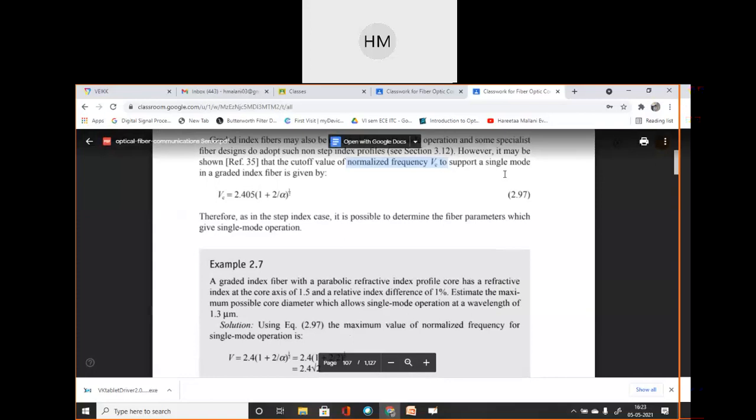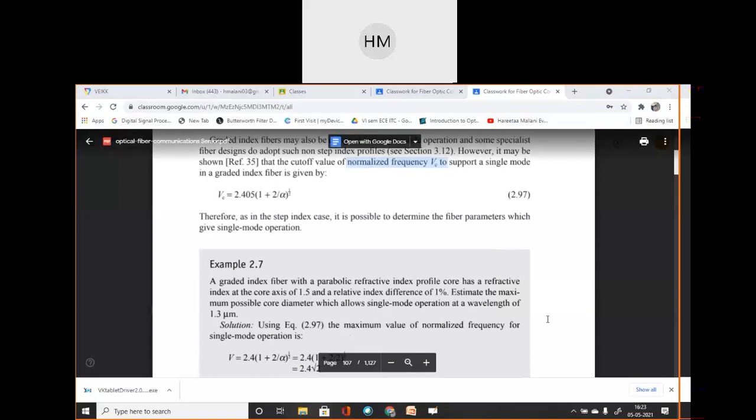mode in a graded index fiber is given by, see, we have found out the cutoff wavelength for step index fiber. Single mode operation. Graded index fiber also works in single mode. So what should be its cutoff frequency? What was the cutoff frequency of your single mode step index fiber? What equation did we write?